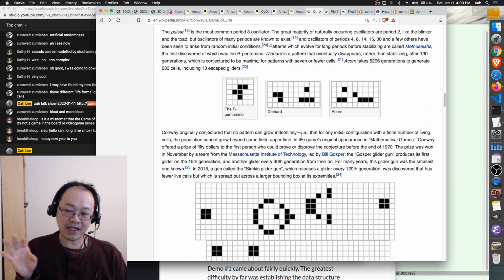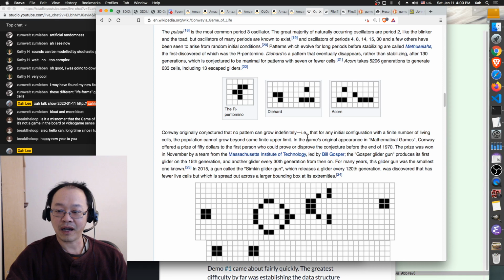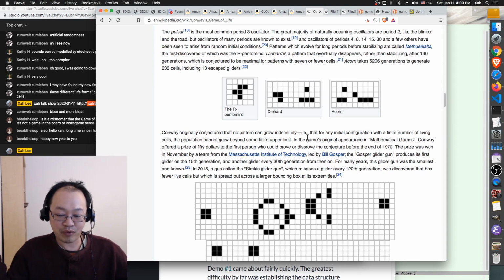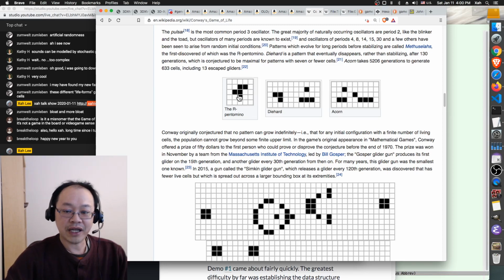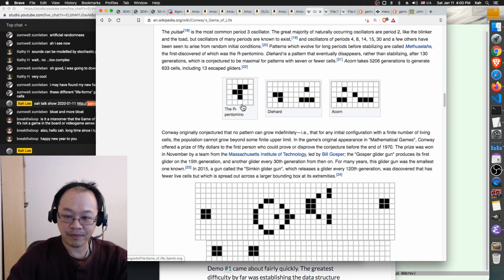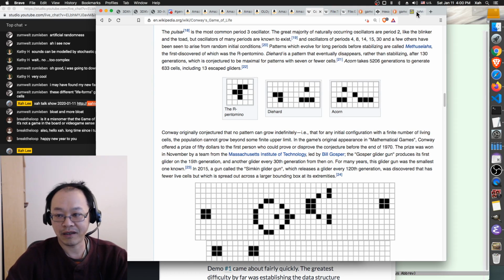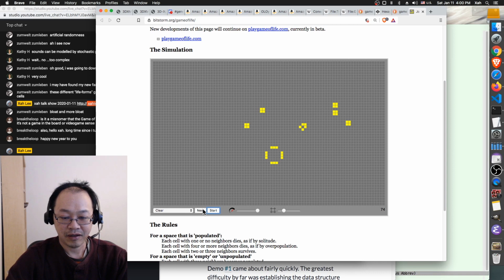But you can see how this is computationally intensive, because basically you have an infinite number of patterns, and you want to know what they will become. You don't know. The only way to know is to run it. So let's try this R-pentomino pattern. Okay, let me do that. Clear.